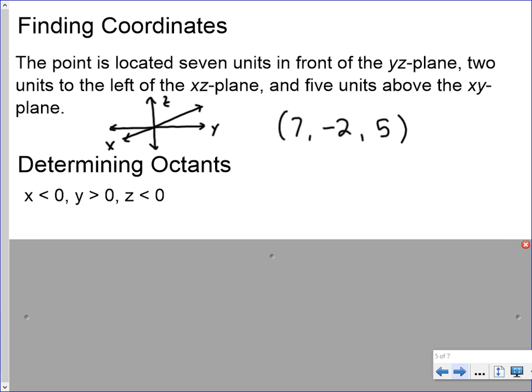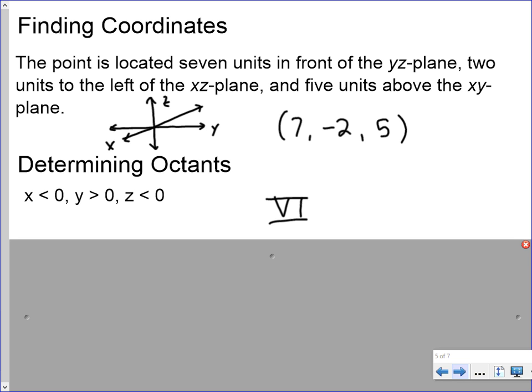And I know that z is less than 0. In what octant would my point be located? Lillian? You say octant 6? Do we agree? Or disagree? We're okay with that? Okay.